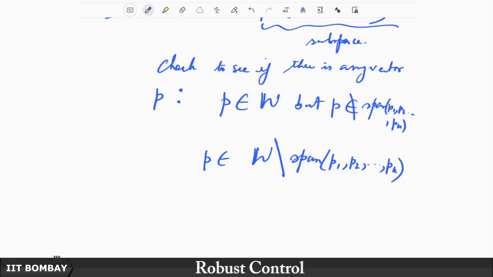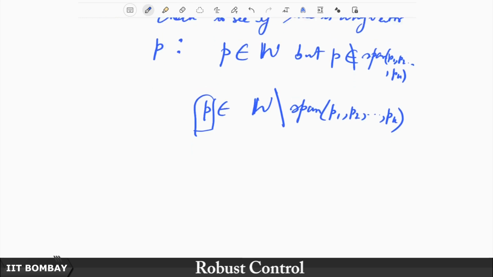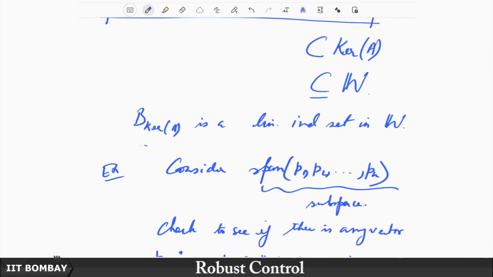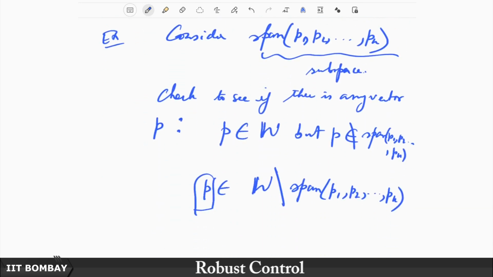This is set subtraction. If there exists such a P, then you append this P to the erstwhile set P1 through Pk. Now this set has k plus 1 elements, and it is guaranteed that this new set is going to be linearly independent.